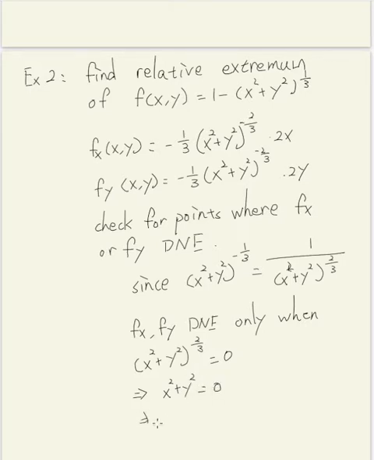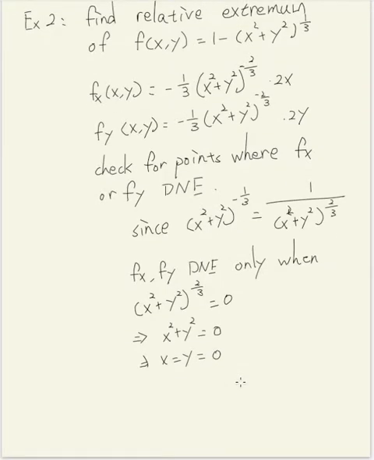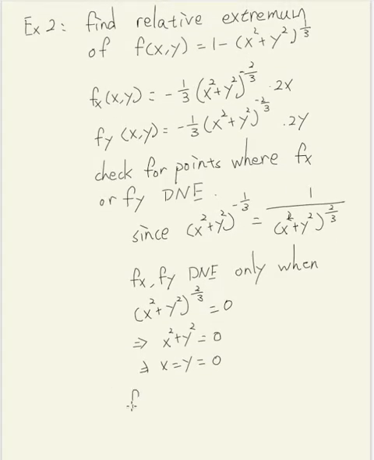And that means x equals y equals 0. So f partial x and f partial y does not exist. So we found our first critical point.